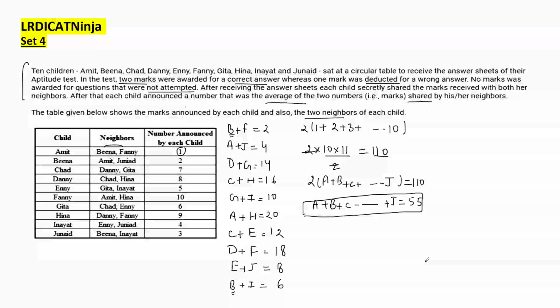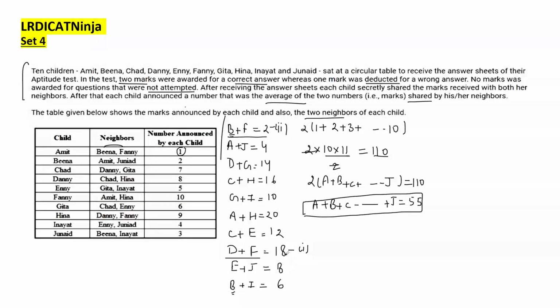So how do we solve the individual marks of each one? For that, we need to solve the equations. So here, rather than waiting to get the right combination, you can just go from anywhere to anywhere. Let's say I can see B plus F is 2 here, and look at the common one out of B and F. I can see the common is here, D and F. So let's say this is the first equation and that is the second equation.